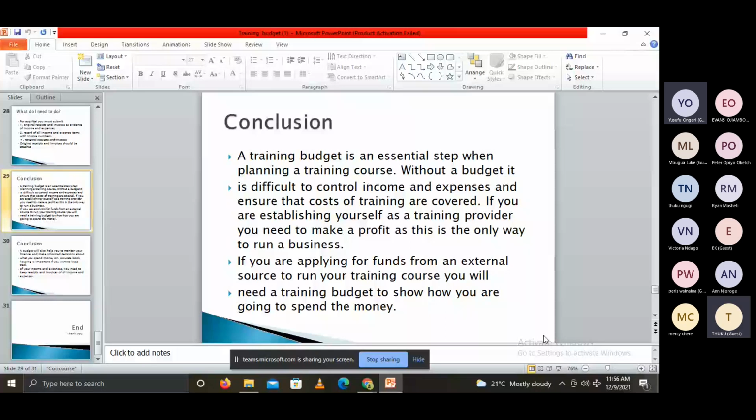Because remember, the budget is one, the item required, the definition of the item, two, the quantity required, and three, the cost per unit in the total. So you can see one factor is the quantity. How many are you going to train? The other subject is cost per unit.